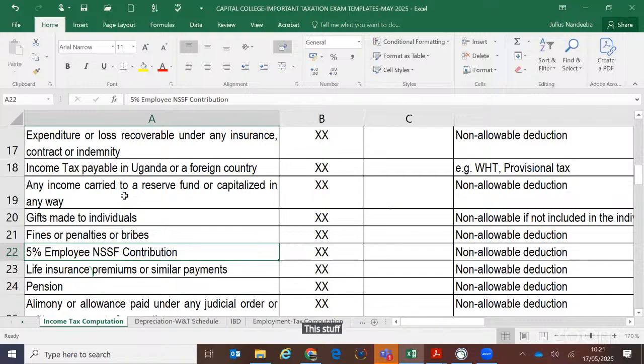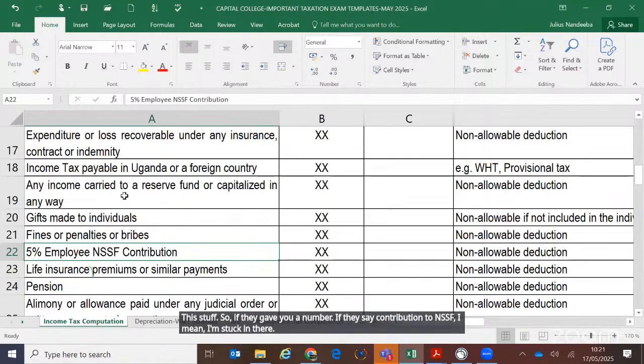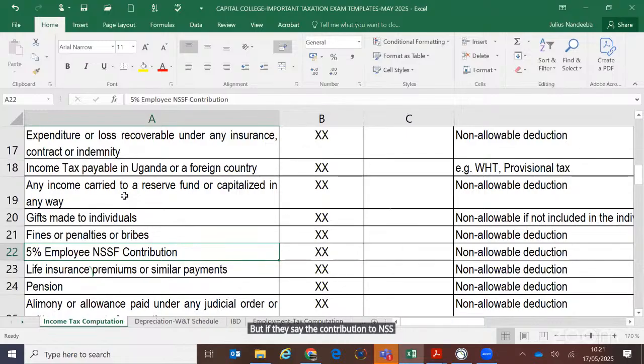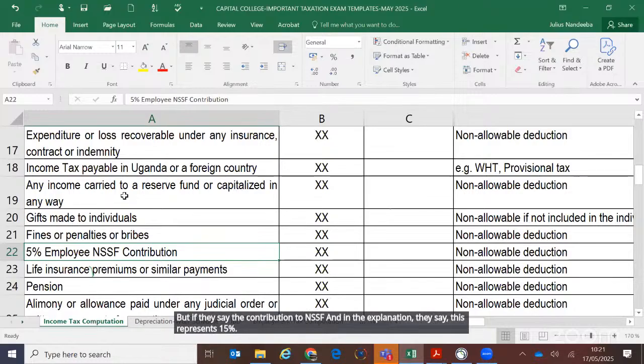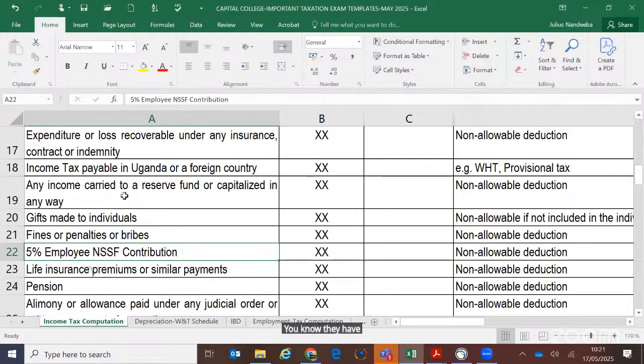So if they gave you a number, if they say contribution to NSSF and they have stopped there, don't touch that figure. But if they said contribution to NSSF and in the explanation they say this represents 15%, you know they have overclaimed the expense. What do you do? Look for 5% of that expense and add it back. I repeat this because I've seen errors being made.